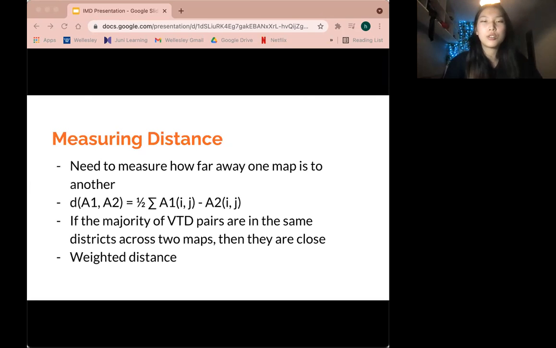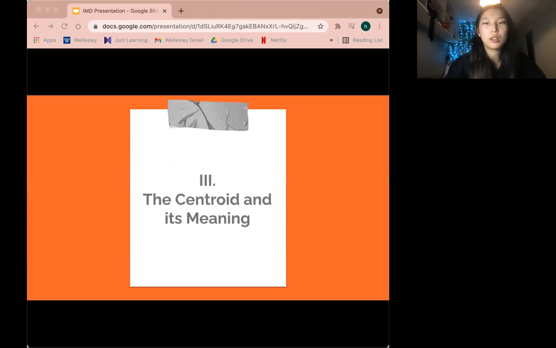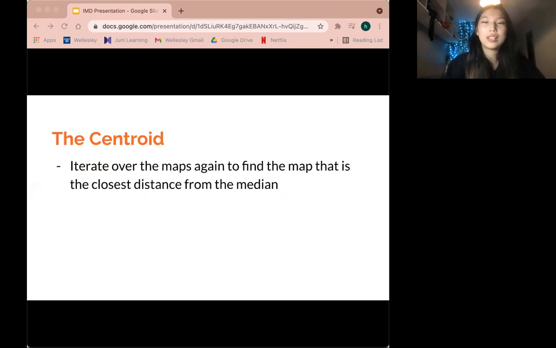We also used weighted distance, which basically means that since each VTD entry has a population assigned to it, we can use a 1D population vector to multiply the binary inputs. And then we also have the centroid. Once we have all the matrices mapped to our metric space, we can easily compute the median by taking all the inputs and dividing by the total number of maps.